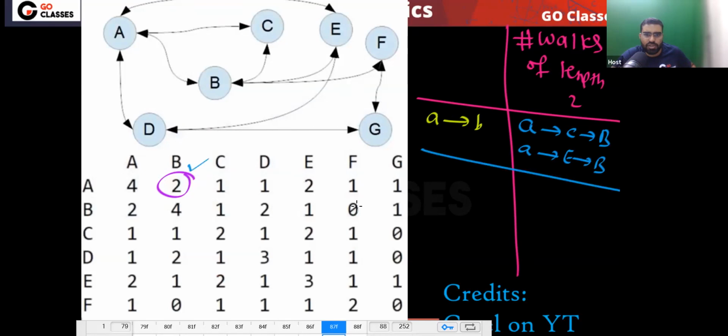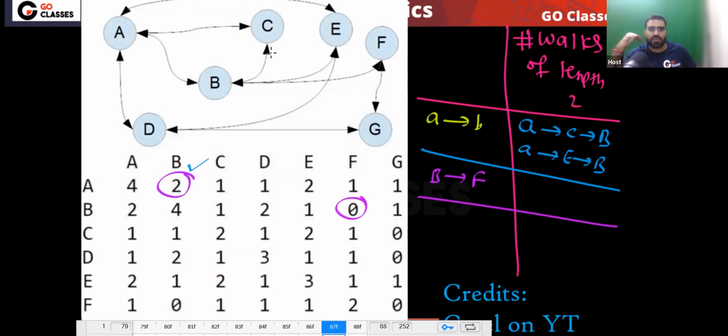Now let's see this value 0. From B to F, do we have any walk of length 2? There is no walk of length 2.